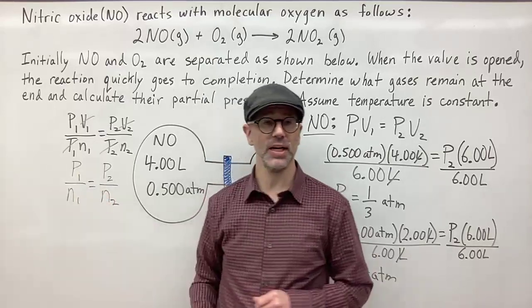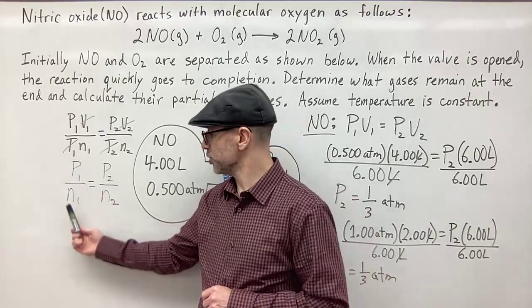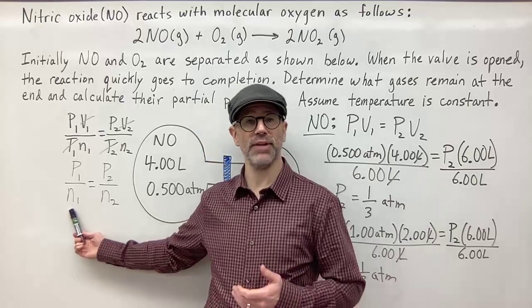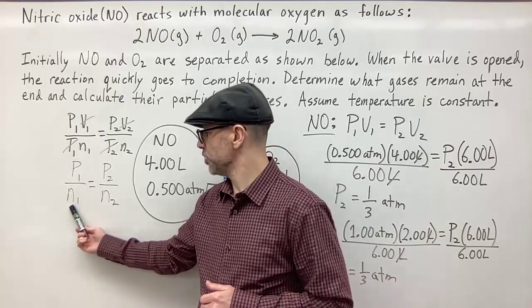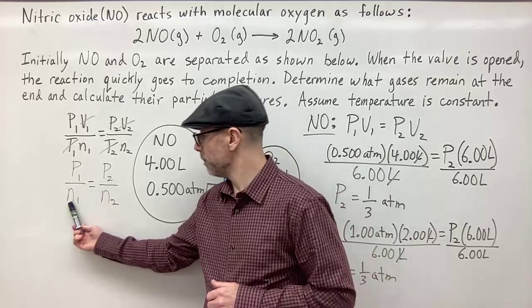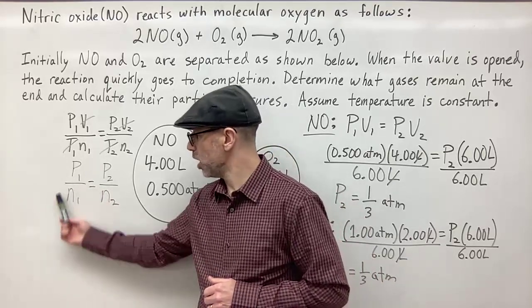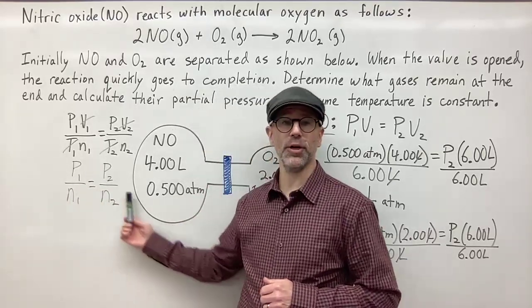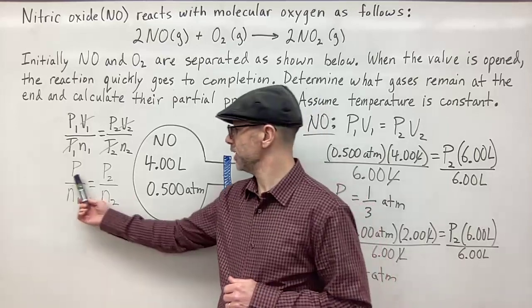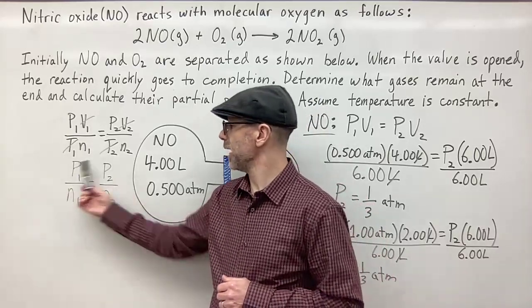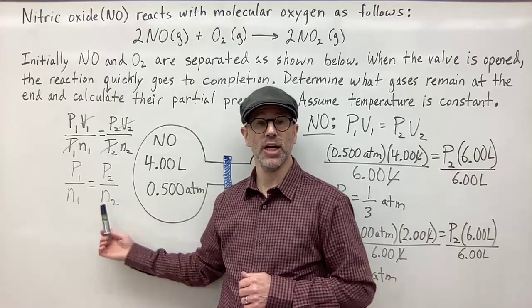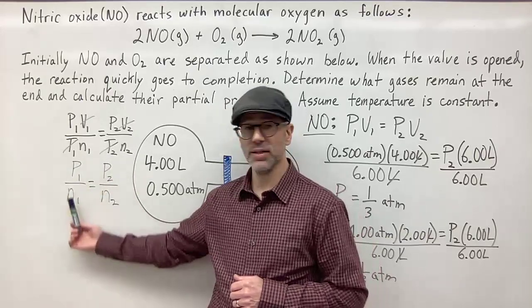So if I start with one set of conditions, one pressure and one amount of gas, that's going to have a certain ratio. If I change my N1 to something different, that's going to be N2. Well, if these two sides are equal, then my pressure is going to have to change in order to keep the ratio the same.